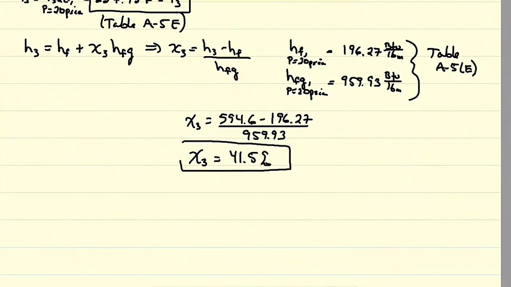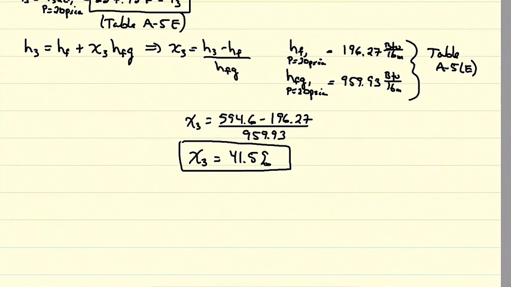So, in our mixing chamber, we took something that was saturated liquid, that was the one stream, and we took something that was superheated vapor, or well, excuse me, saturated vapor, that was the second stream, and we combined them and we came up with something that was actually a little bit less than 50% quality. So there's an important concept that's embedded in this number, right? Think about this for a minute.